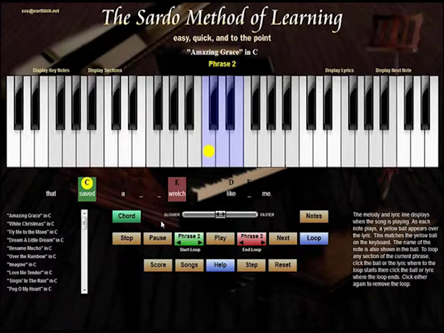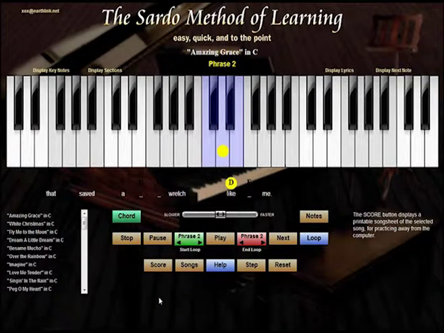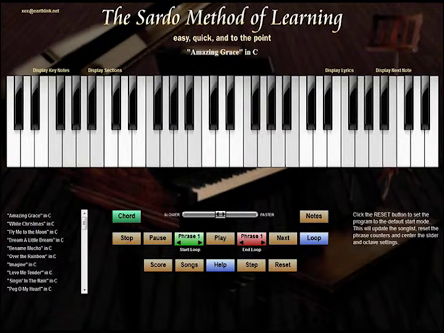Now only those notes of the passage you selected will play. When you're done, click the start or end notes to clear the passage. Or you can just click the stop button.